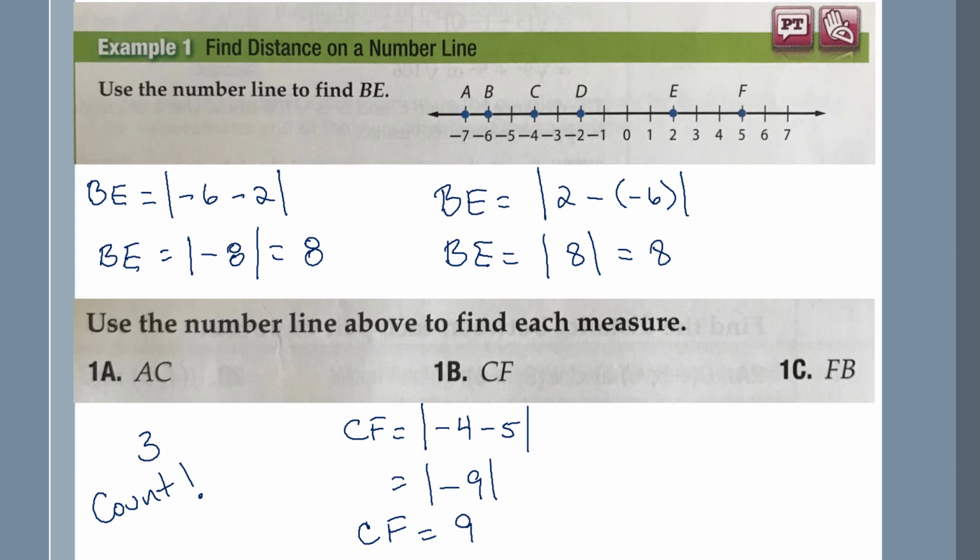FB is another one here that's probably better for us to just go ahead and use the formula. So FB will go from F here, 5 minus negative 6, which is equal to 5 plus 6, which becomes the absolute value of 11, so FB is 11.